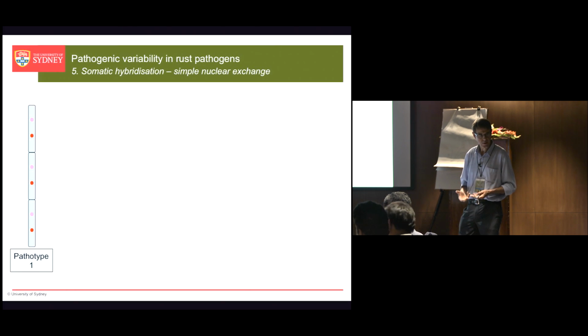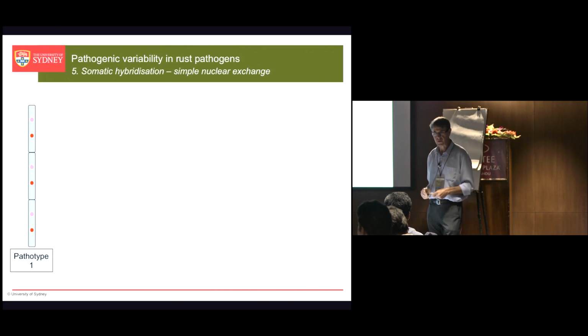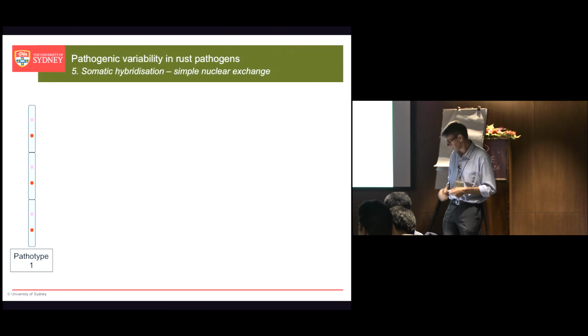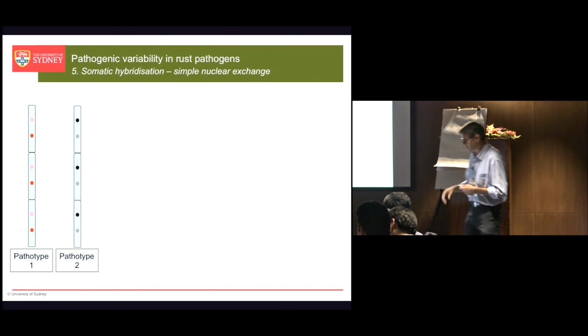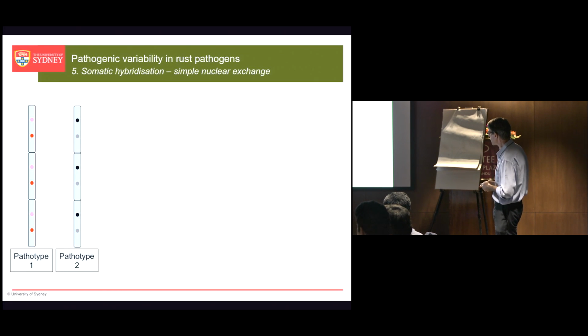We're now doing genome sequencing with rust isolates. It's really hard because whenever you sequence one genotype, you're almost trying to sequence 2 genomes that are mixed up together. It's really hard to separate them out and do all the genome annotation and that work because of this dikaryotic nature. All right, so just think of that as pathotype number 1 with those 2 nuclei.